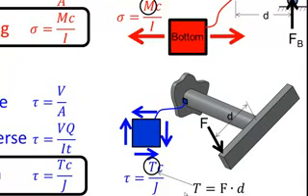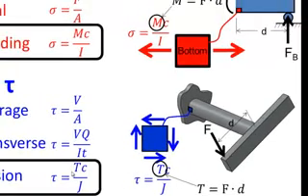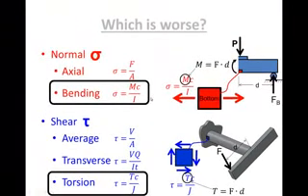So that is clearly worse than the VQ over IT or the V over A, because the V is not at a leverage distance, whereas the torsional shear stress is caused by a force at a leverage distance. So typically, the normal stress caused by bending or the shear stress caused by torsion are worse than the other types. So if we have a mechanism that's loaded in a complex way, we can look where the normal stress due to bending or the shear stress due to torsion are the worst.